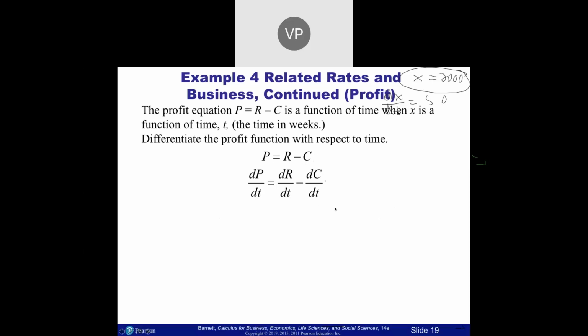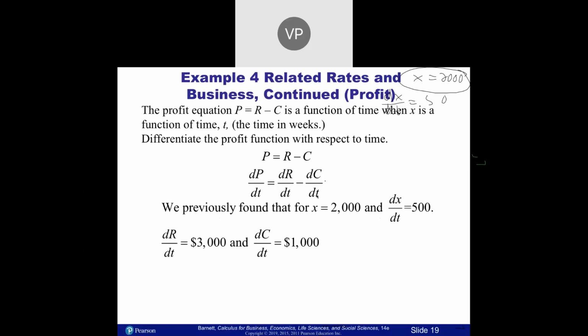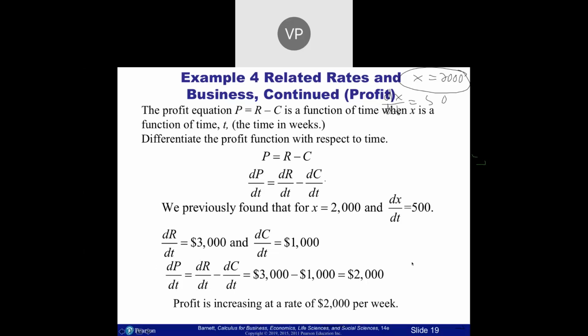We took all those derivatives with respect to t, and remember, we found each of these things. We found dR/dt earlier at 3,000. We found dC/dt at 1,000, which means our profit is increasing. Remember, this is not the profit. This is dP/dt, which is the increase of the profit. How fast is the profit increasing? It's increasing at $2,000 per week. Okay? So that's our profit.